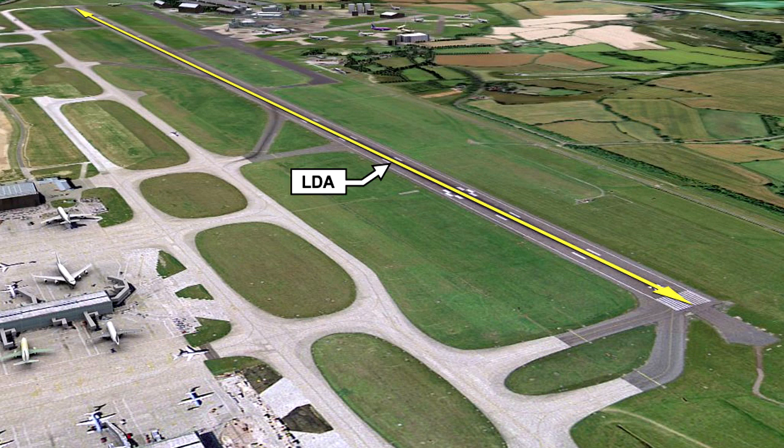The LDA stretches from one threshold to another. There is no other distance that is allowed to be used for landing. Even stopways are not to be used. They are only to be used for an abandoned takeoff.